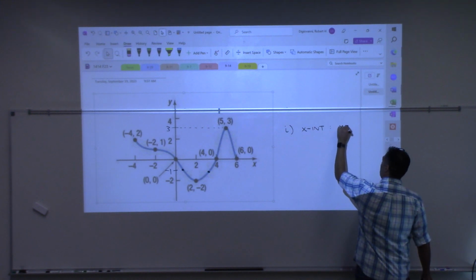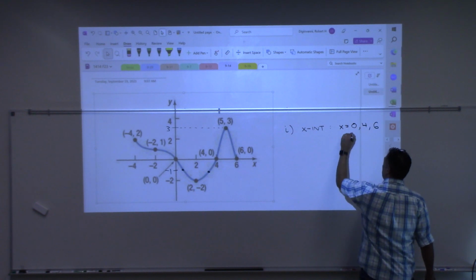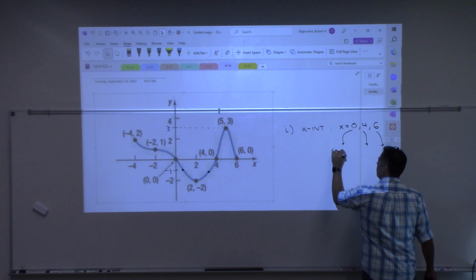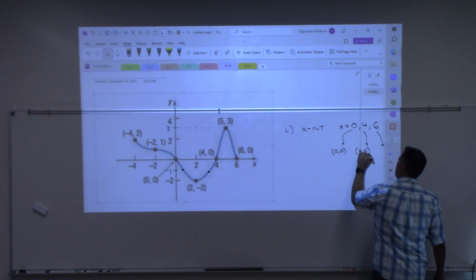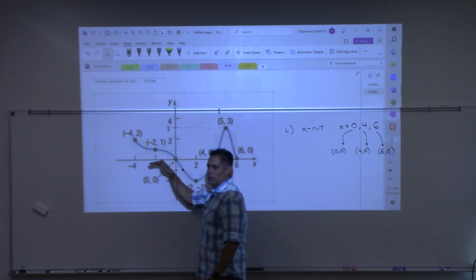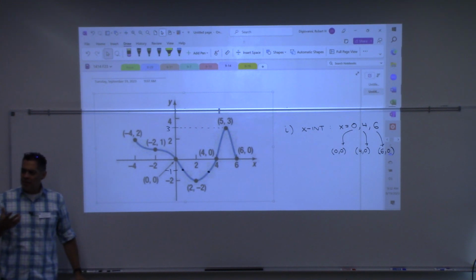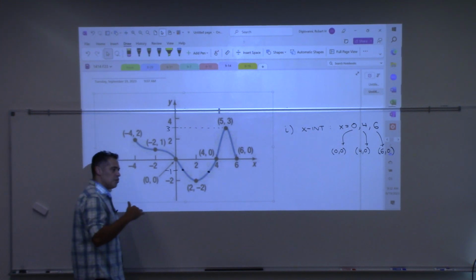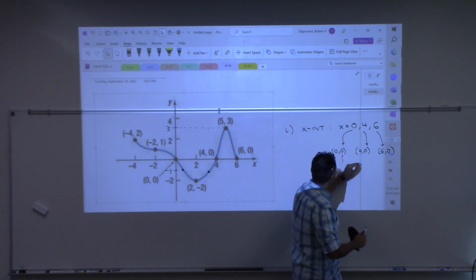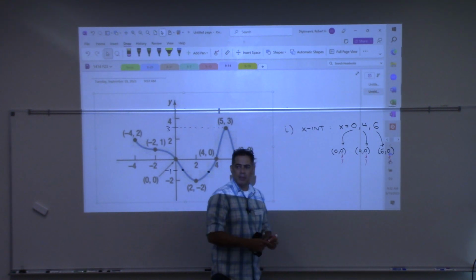It was x equals 0, 4, and 6. If we write these as ordered pairs, it was (0, 0), this one would be (4, 0), and this one would be (6, 0). What is it that all x-intercepts have in common? The y value is 0. That's what makes an x-intercept. It's anywhere on the function where your y value is 0. That's what makes an x-intercept an x-intercept.